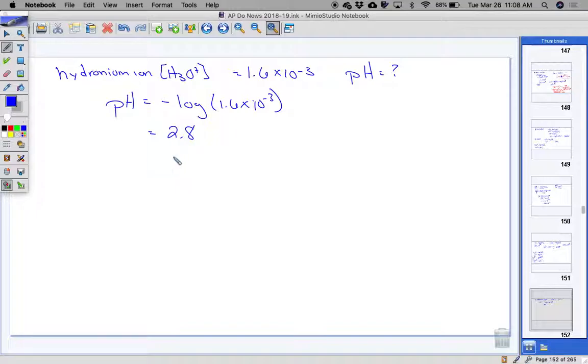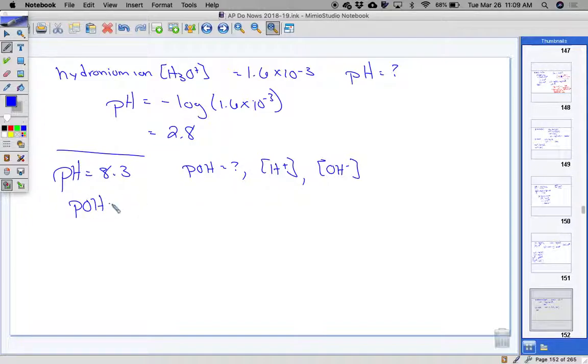Okay, look at the next one. The pH of seawater is 8.3. Calculate the pOH, the H plus, and the OH minus. How are we going to do that? Okay, pOH we can subtract from 14.